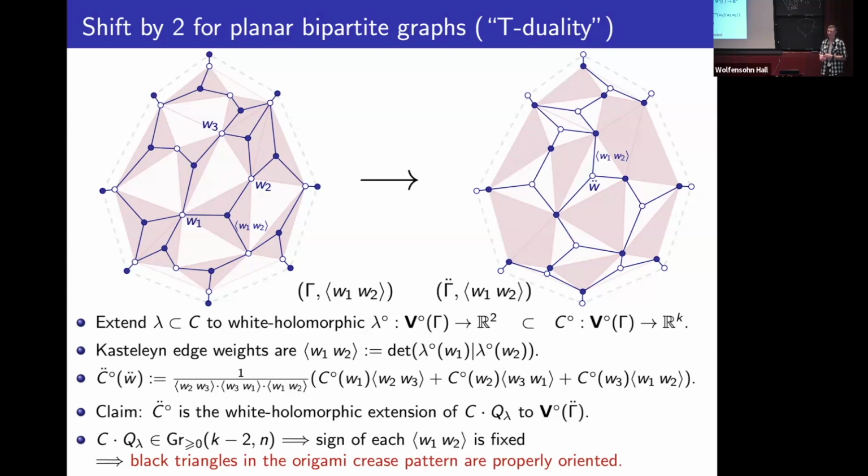Yeah, I mean, the origami crease patterns naturally live in momentum space. To prove something about the crease pattern being correct, you still have to do this map, and I assume that the edge weights downstairs can be thought of as some of the components of the momentum. Right. Yeah. So the things downstairs, they control the orientations of black triangles on top.